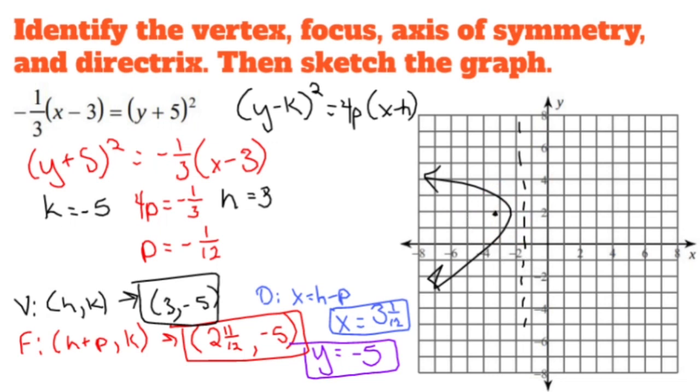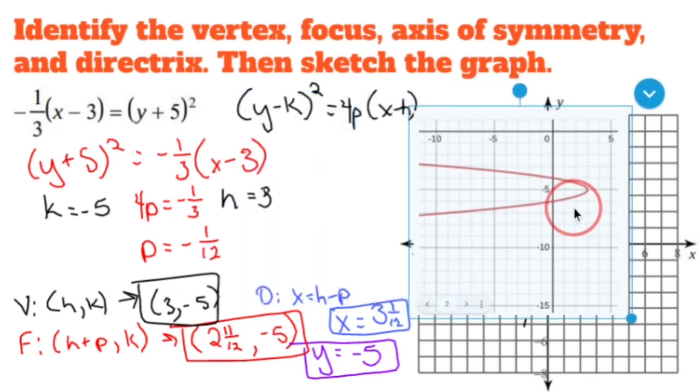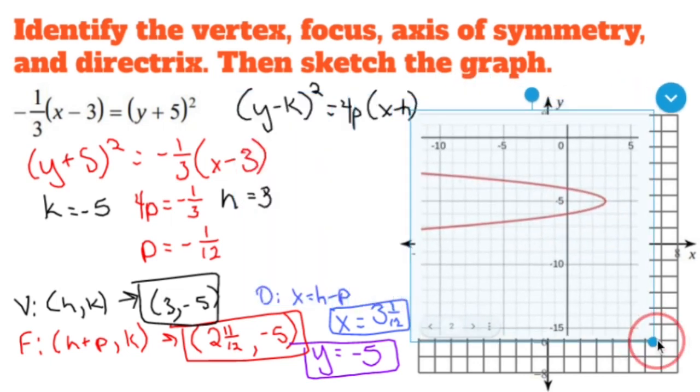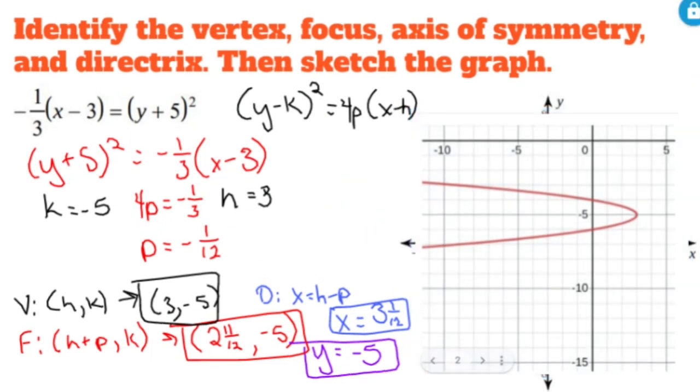So let me actually pull up a picture that I stole from Desmos of what it should look like. There you have it, and we can see everything kind of falling into place. Even though things are kind of close to each other, we can see that our vertex is (3, negative 5).